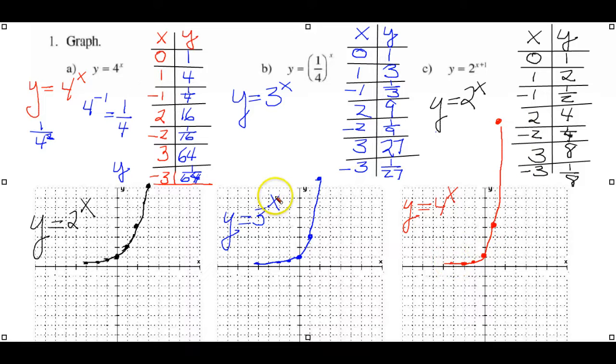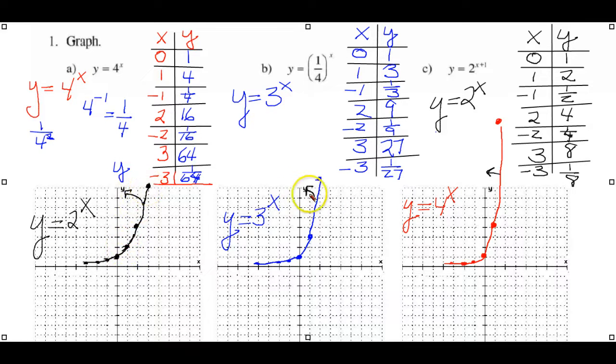Now, I don't know if you notice now, once again, that as the numbers increase from 2 to 3 to 4, this line gets closer to the y-axis as you go from 2, because your values as you square these numbers get larger.